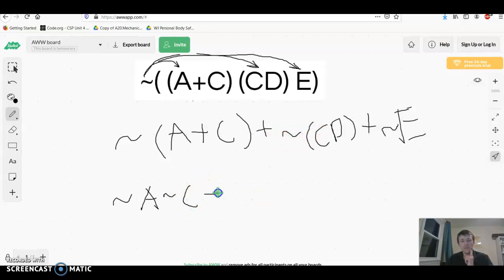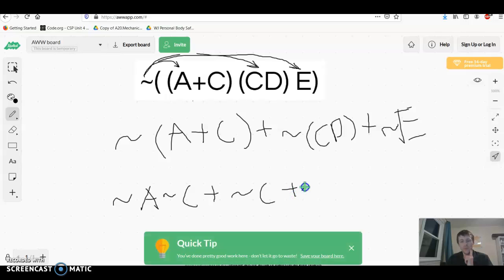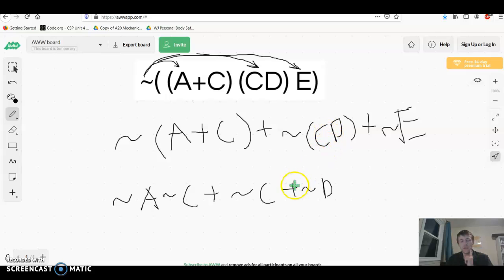Then over here, we still have this or, but we can use De Morgan's law to get not C or not D. This and becomes an or. And last but not least, we're not going to touch that not E. It stays the same. So De Morgan's law tells us that these 2 quantities are equivalent. And you could construct a truth table, if you were really bored, and double check that this is the case. Anything you put in here will give you the same exact output as anything you put in here.